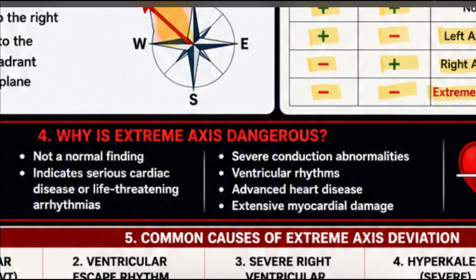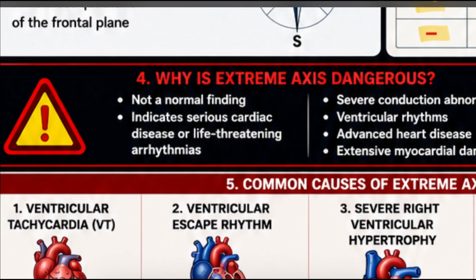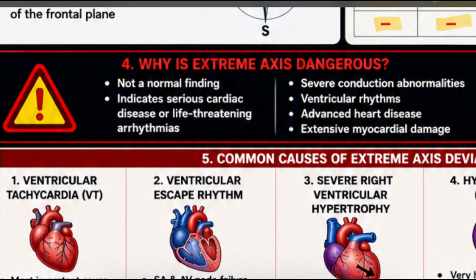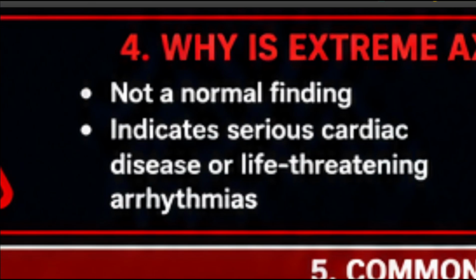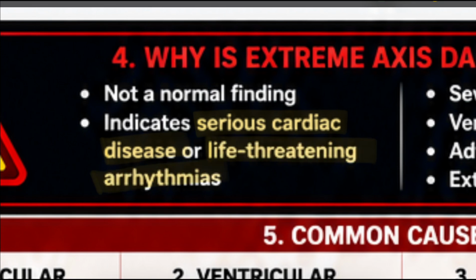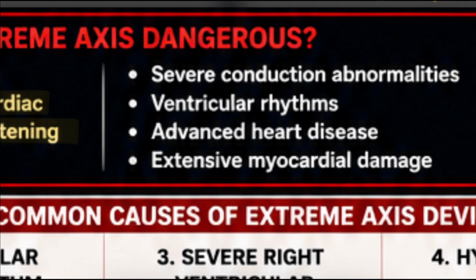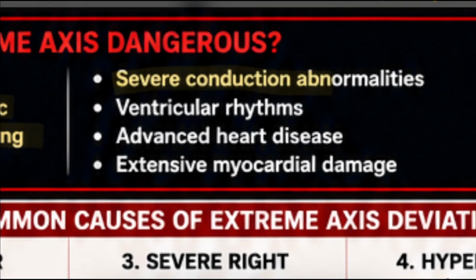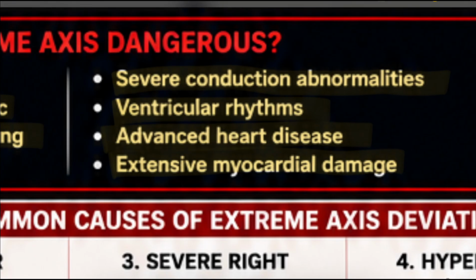Okay, why is this extreme axis dangerous? Extreme axis deviation is not normal in most cases. It often indicates serious cardiac conditions or life-threatening arrhythmias, ventricular rhythm abnormalities, advanced heart disease, and extensive myocardial damage.